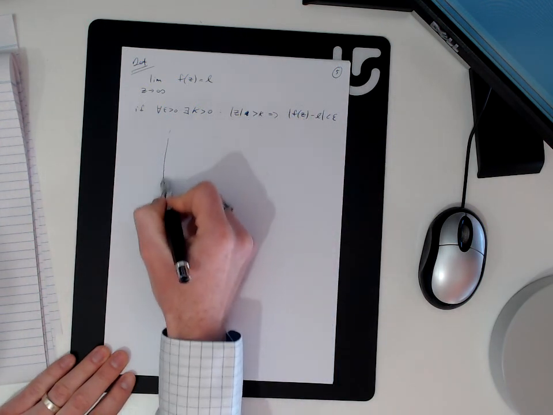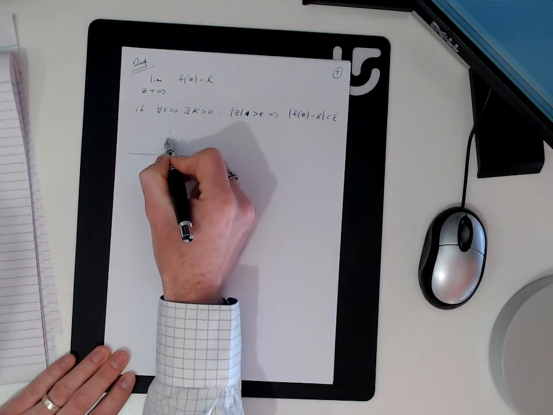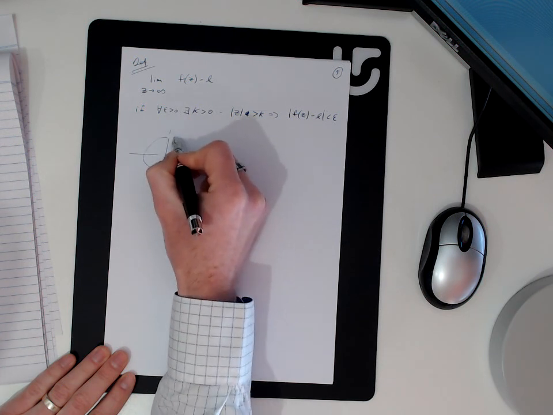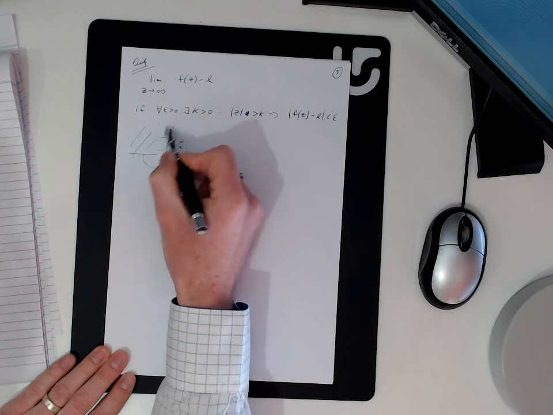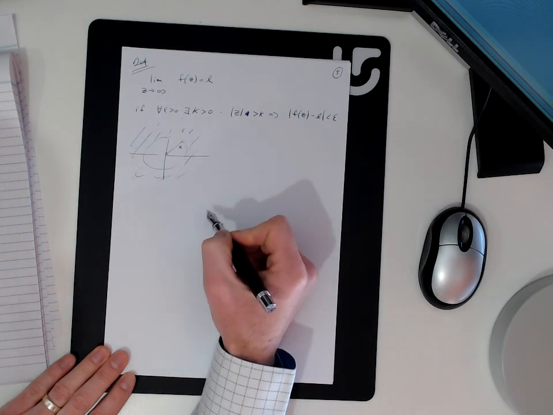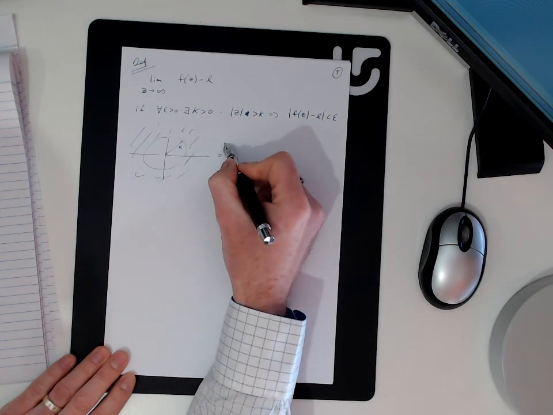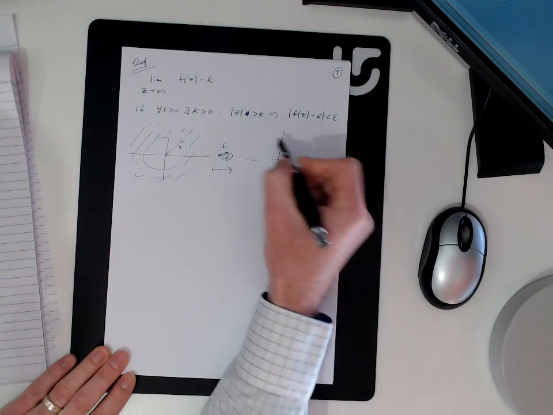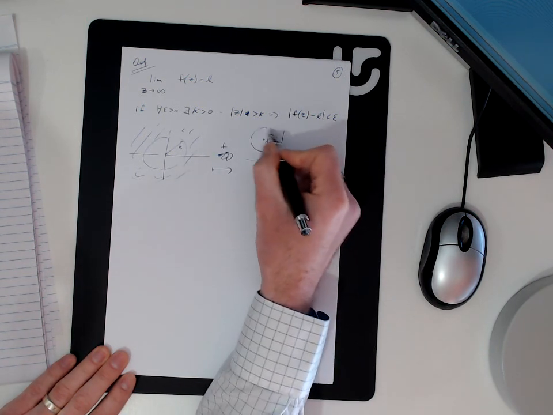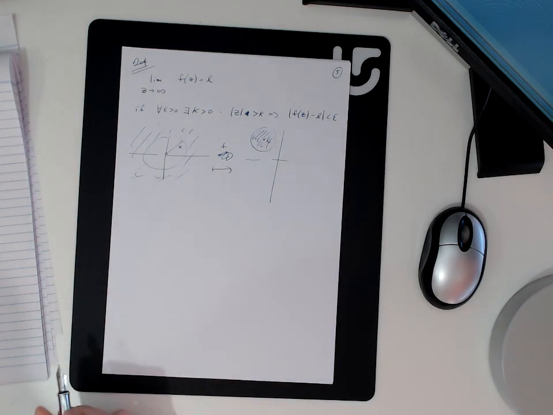You can draw a diagram for this. Here's my k radius thing. Here's everything outside. Anything with modulus bigger than that gets mapped by f. There's L, and gets put inside.